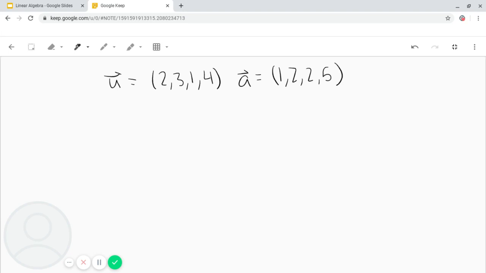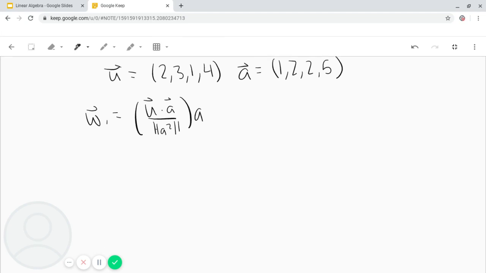And then we're just going to use that formula. To find W1, that's equal to U dot A over the length of A squared, times A.